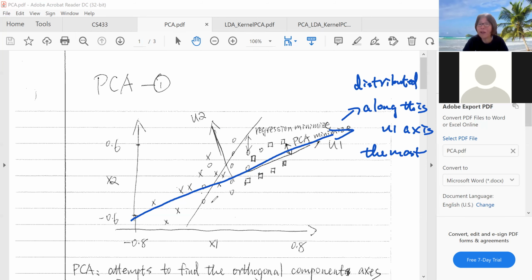Visually, we can clearly see that along this axis it is distributed the most. So that's the core of PCA. So basically, how do we find this U1 vector? Okay, this vector is called the principal component.